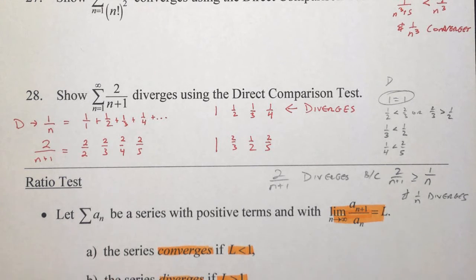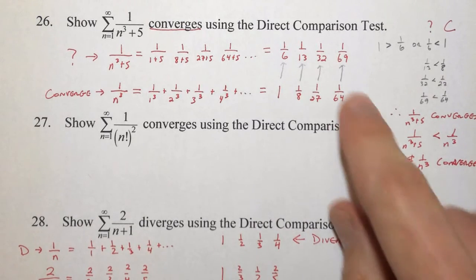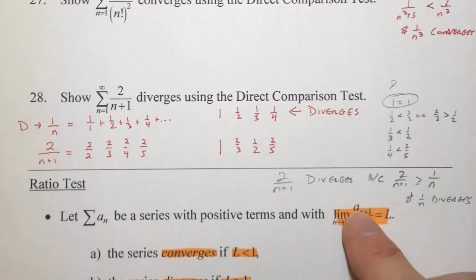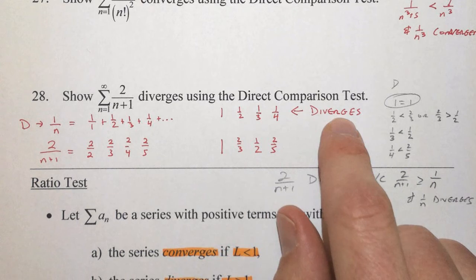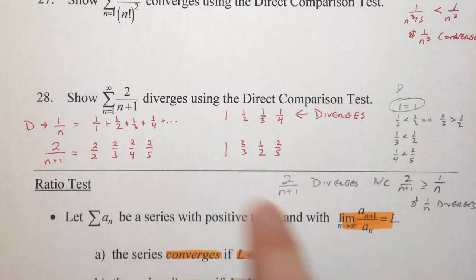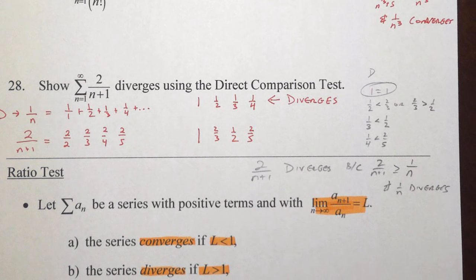That's the idea behind the direct comparison test. You're looking at a series which already converges and showing that your new series has smaller terms, so it must converge. Or you're looking at a series which you already know diverges, and comparing it to the new series, you see that the terms are bigger, so the new series must diverge as well. That's the idea behind the direct comparison.